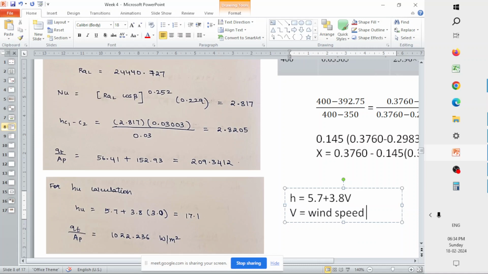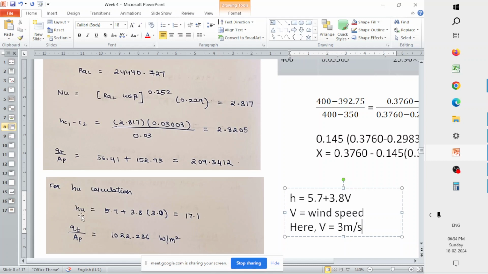Here we have taken wind speed as 3 meter per second. Please be careful when you are solving, and make sure that all the parameters are in their SI units. So for 3 meter per second, that value will be 17.1.